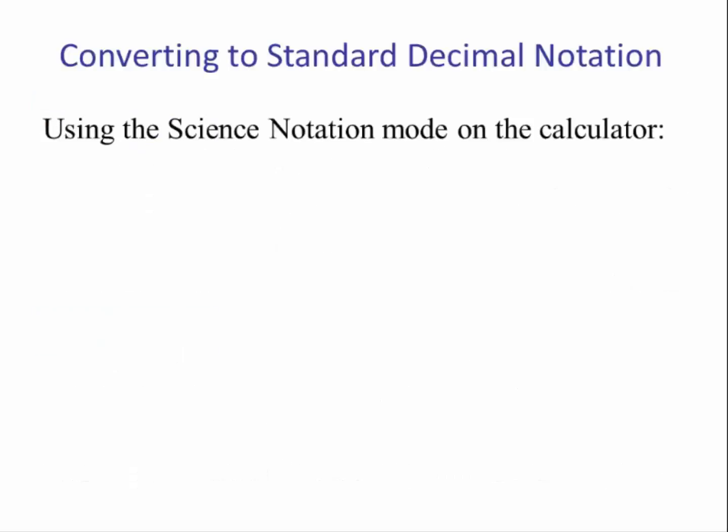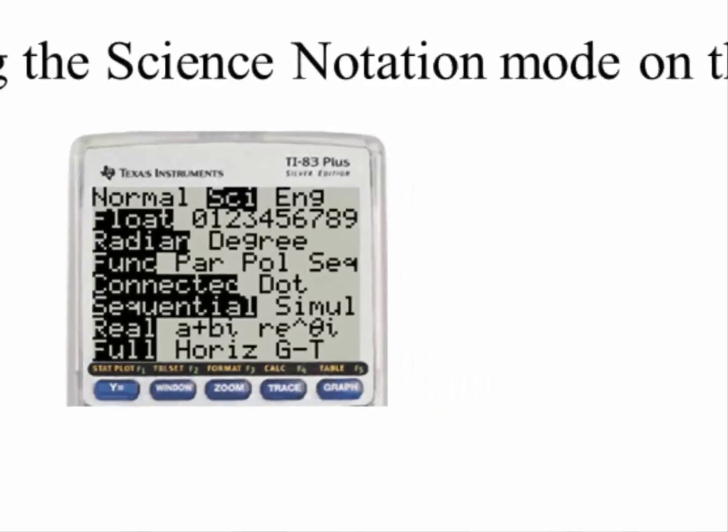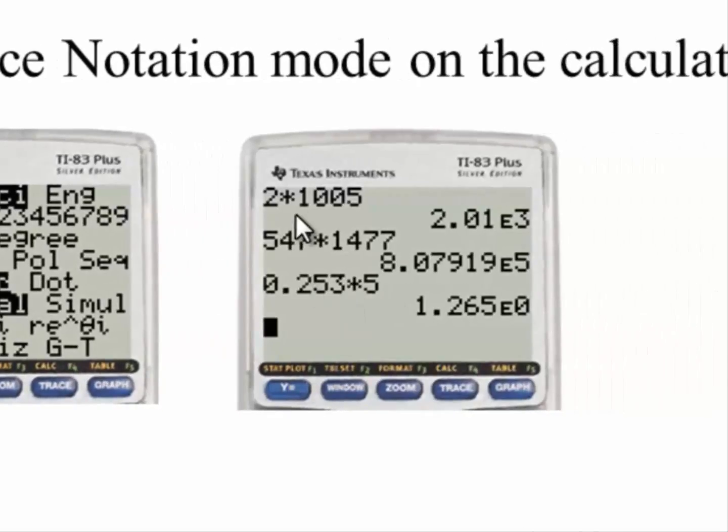Using the scientific notation mode on the calculator, if you hit mode and change it from normal to scientific, it will always display all numbers in scientific notation. So for example, if you take 2 times 1005, it will write the answer in scientific notation, 2.01 times 10 to the 3rd power.